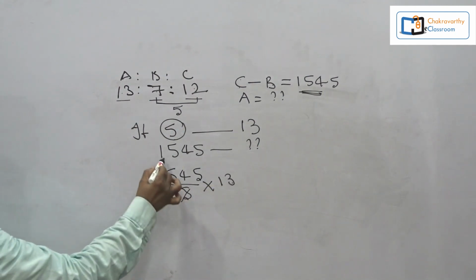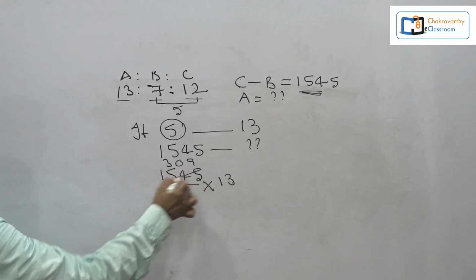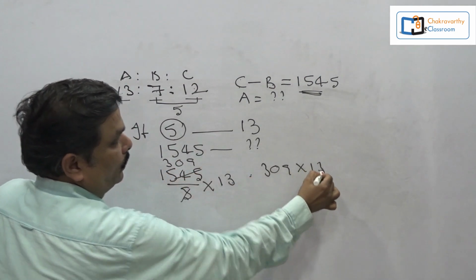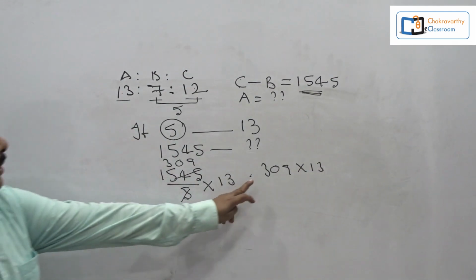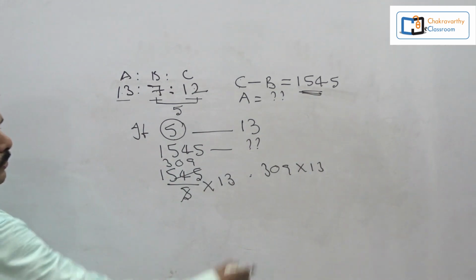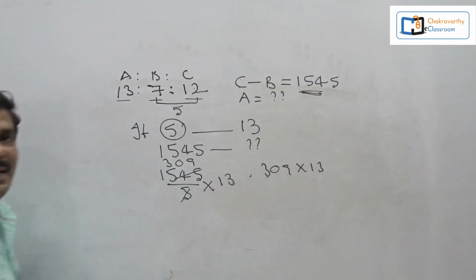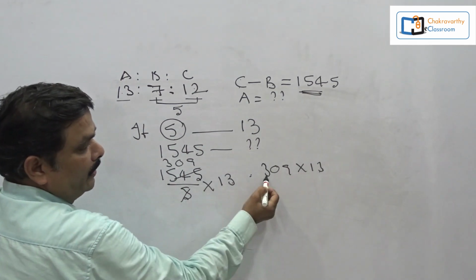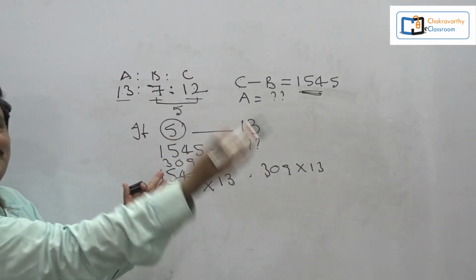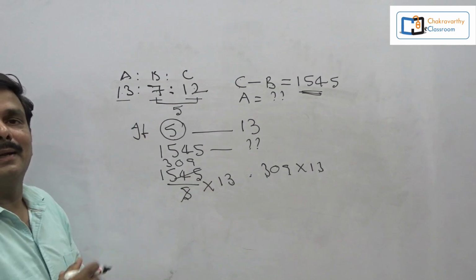Here 5 3s are 15, 0, then 5 9s are 45. So 309 into 13. How to do this one? You have to do 309 into 13 times. Otherwise, 13 into 309 times. First you do 300 times, then 9 times. Or 300 times first, 10 times later, after that deduct 13.